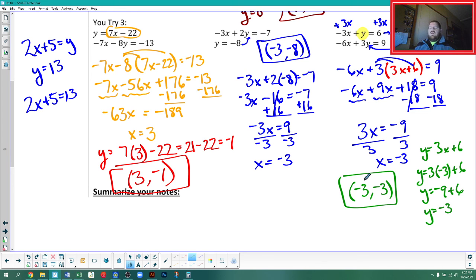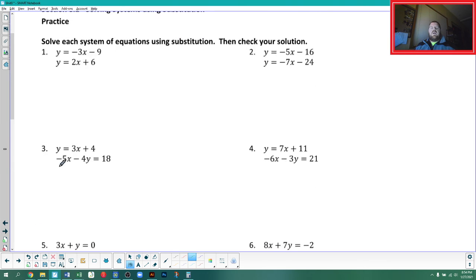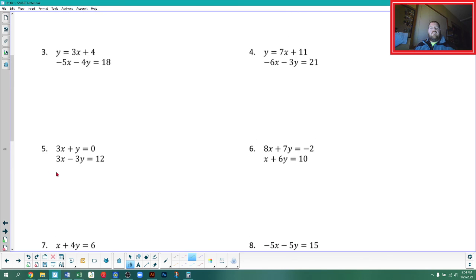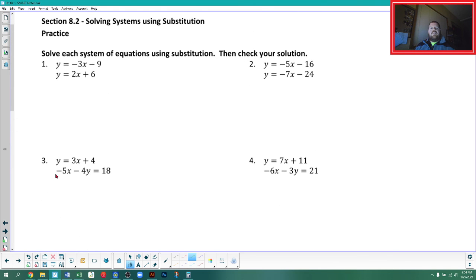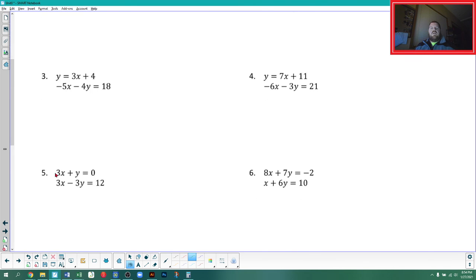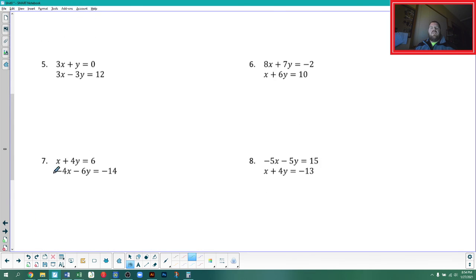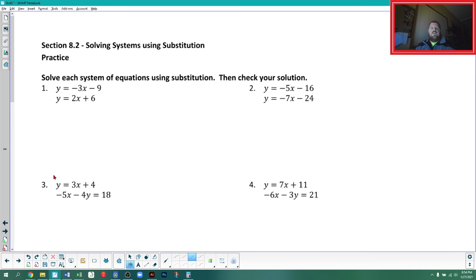Okay? So that'll be it for the notes. As far as practice goes, I do want to cut this down a little bit. And I don't want to make it too easy on you, but let's keep it light. We're getting close to the end of the term here. We don't want to get bogged down.